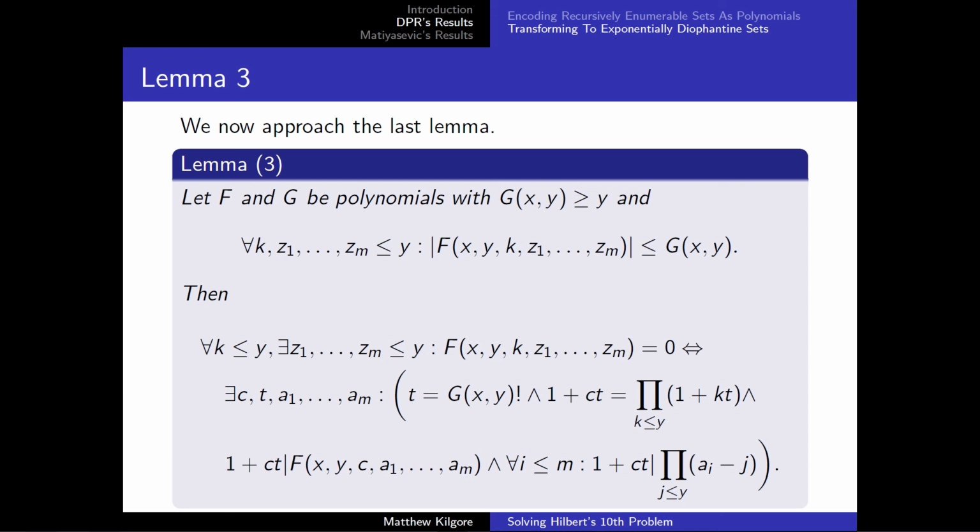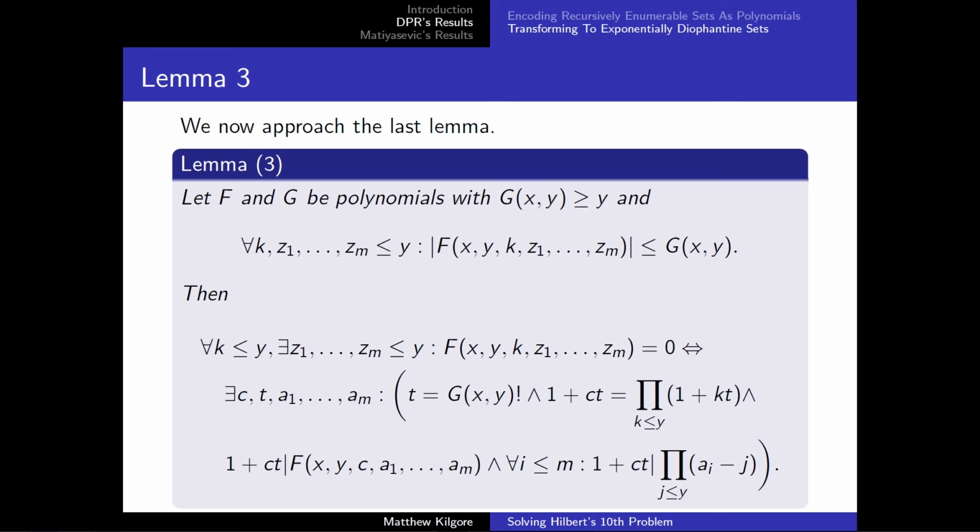Let f and g be polynomials with g of x, y greater than or equal to y, and for k, z_1 through z_m less than or equal to y, the absolute value of f of x, y, k, z is less than or equal to g of x, y.